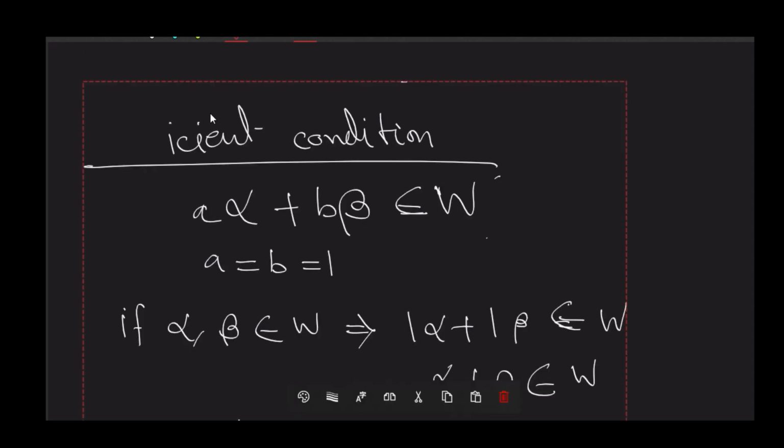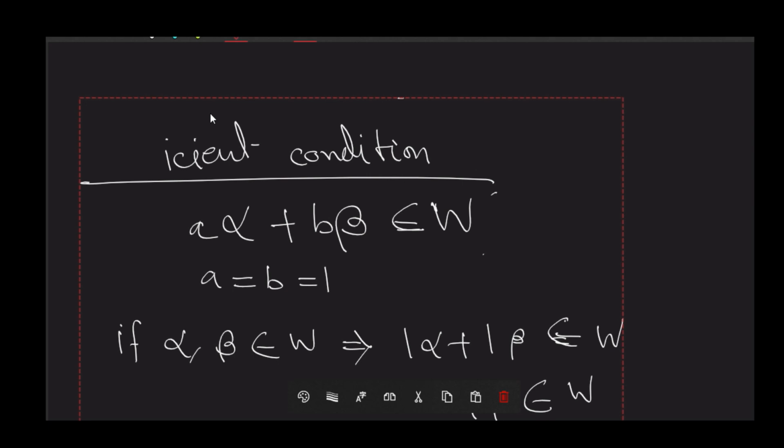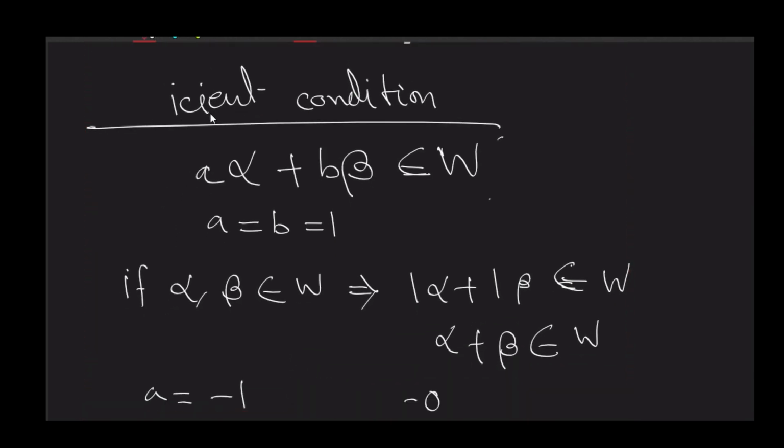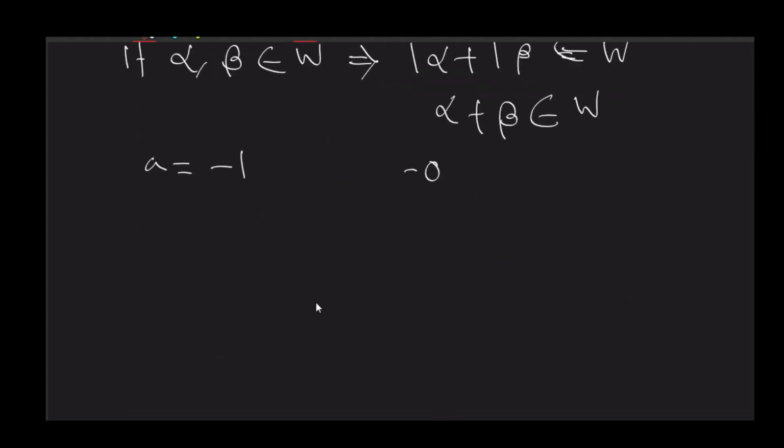So it is sufficient. What we are observing here is that a equal to minus 1 and b equal to 0.